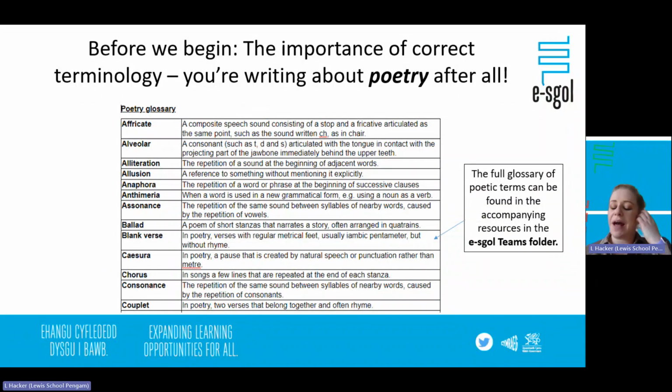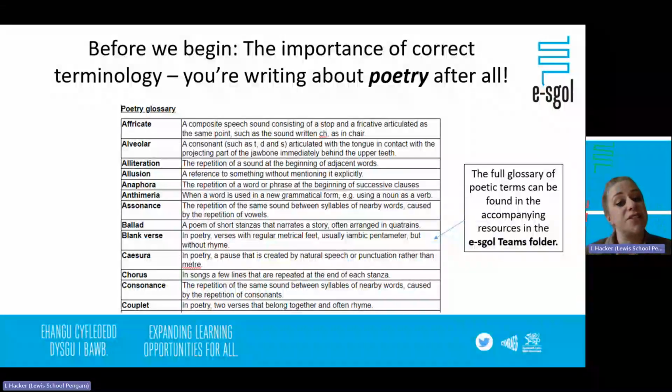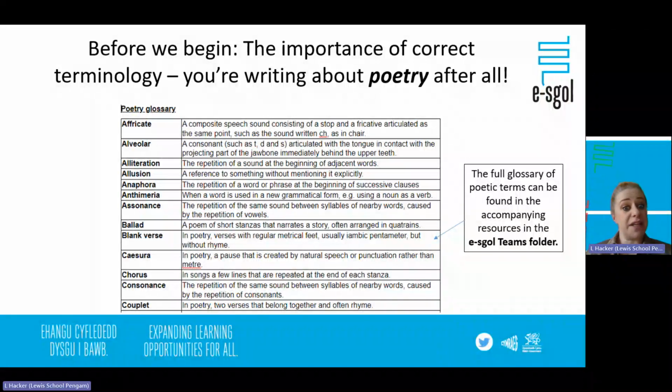And we really do have some that should be quite familiar to you, like alliteration, allusion, assonance, and then we've got the different types of poetry: ballad, blank verse, and so on. So have a little look at this glossary just to remind yourself what the poetic terms are. This is also really useful for you when it comes to revising for the unseen poetry question. Okay, so that will be in the Teams folder along with the recording.